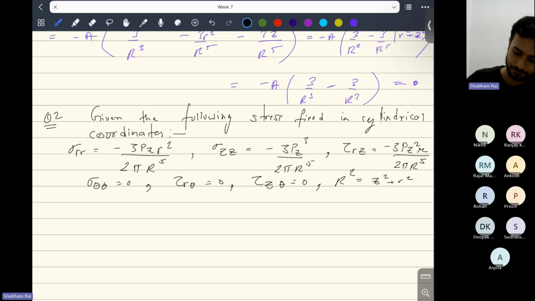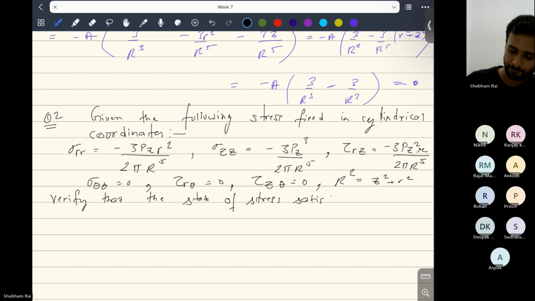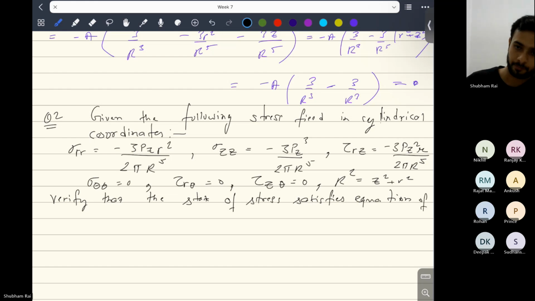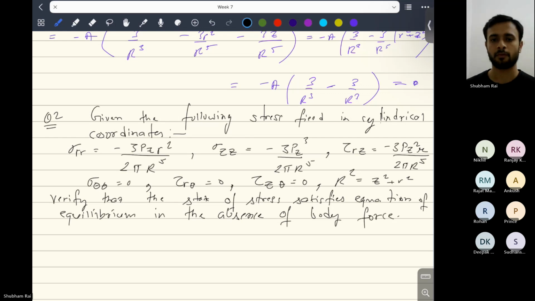So what you have to do is verify that the state of stress satisfies the equation of equilibrium in the absence of body force. Okay.